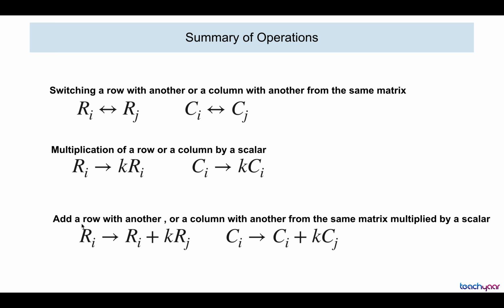And the third is where you can take a row and add to it a scalar times another row, or you can take a column and add to that column a scalar times another column. These are the 3 elementary operations. It's very simple. Once you understand these 3, you can use them to perform fairly complicated operations on matrices and solve fairly complicated problems of matrices.